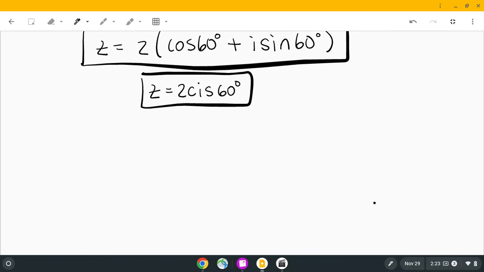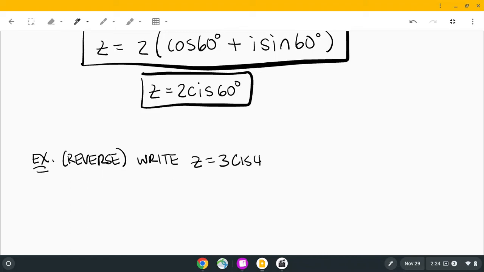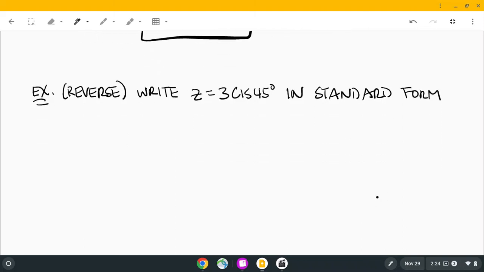All right, let's go the reverse. The reverse is much easier. Let's write z, which equals 3 cis 45, in standard form. When you have to write it in standard form, all you do is work out the trig, either in your head or by calculator.